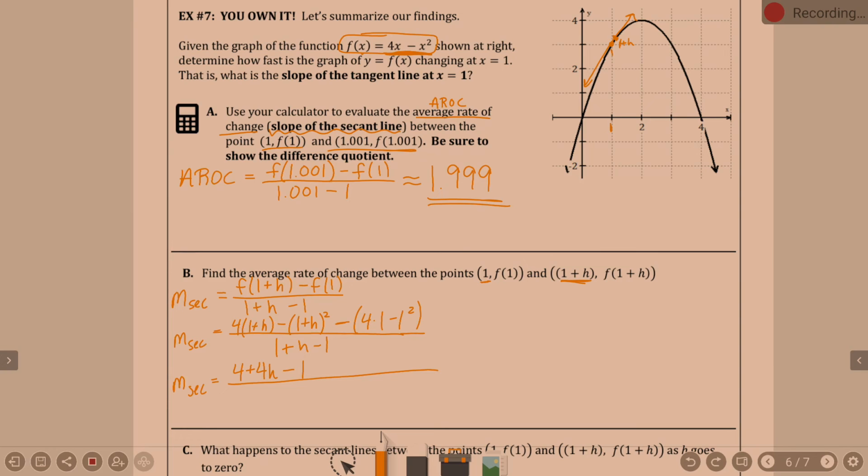Outsides? Minus 1h. Insides are going to be 1h. 1h and 1h is 2h, but I'm subtracting, so I'm going to say minus 2h. Last, h times h is h squared, so minus h squared.